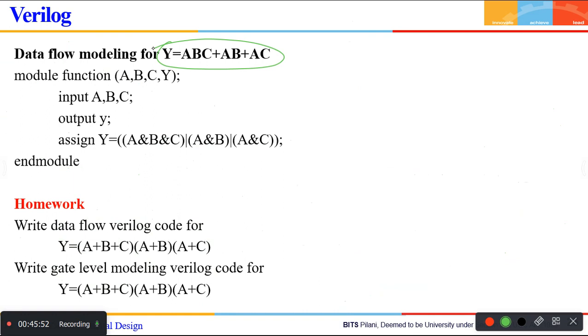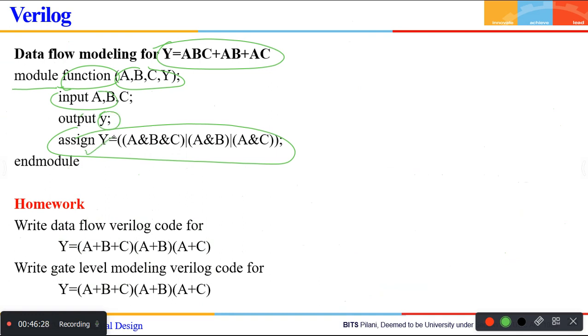Assign y is equal to A and B and C, then you have an OR operation. You can put this inside the bracket. Then A and B operation, then OR A and C. This is what you are going to write. Of course, all these things you know: module name and ports. You have A, B, C as inputs and output is Y, then assign like this.